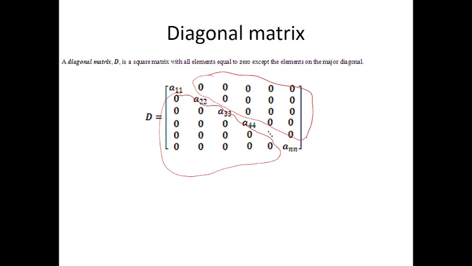Second, below and above the major diagonal, they must all be 0. So that we can say that this is a diagonal matrix. It is a square matrix with all elements equal to 0 except the elements on the major diagonal.